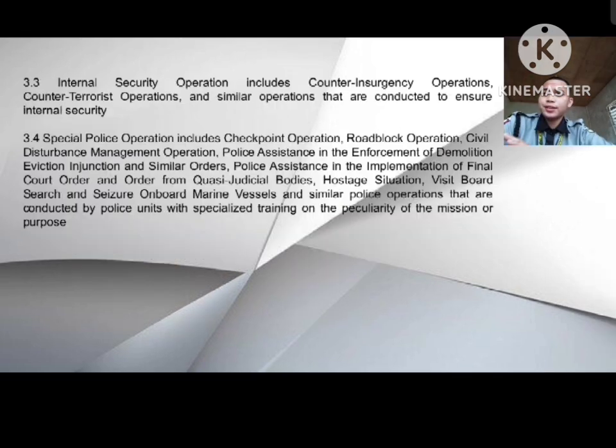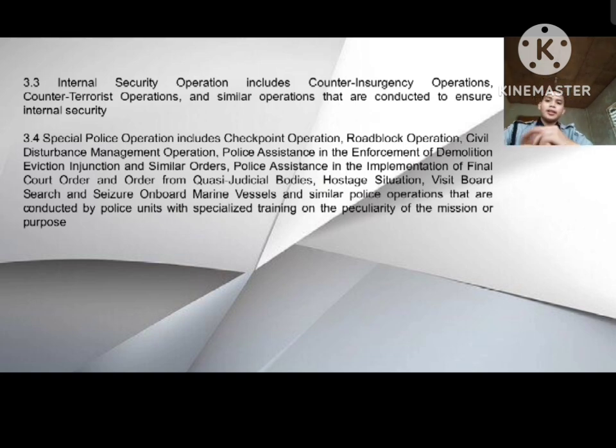Okay, and next is 3.3, internal security operation. It includes counterinsurgency operations, counter-terrorist operations, and similar operations that are conducted to ensure internal security.